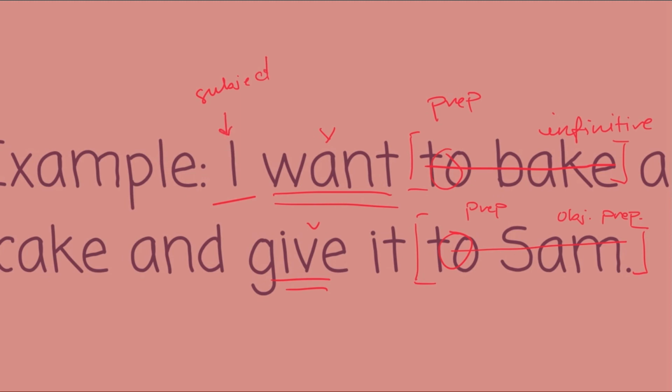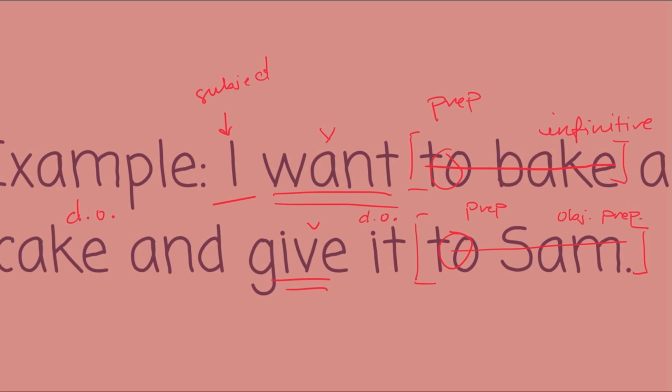Well then, let's look at our direct object and indirect object. What's receiving the action? Well, the cake is what's being baked, and it is what's being given. So, cake is a direct object. It's being made. It's wanting to be baked, to be more clear.